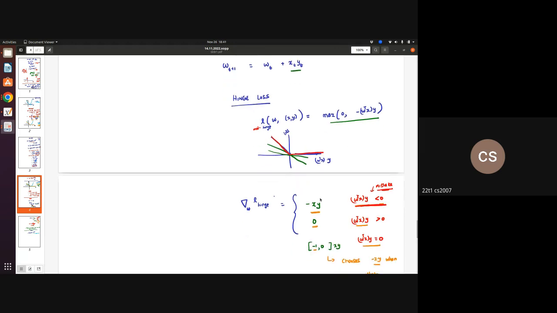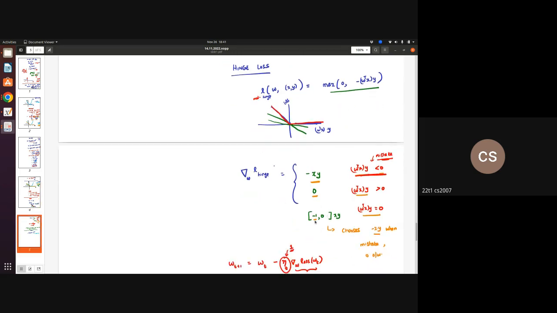So that's what we are writing here. And at this very point, there are several subgradients possible, and the slope of the subgradient that you will choose at this point will be somewhere between these two values, minus xy and 0.